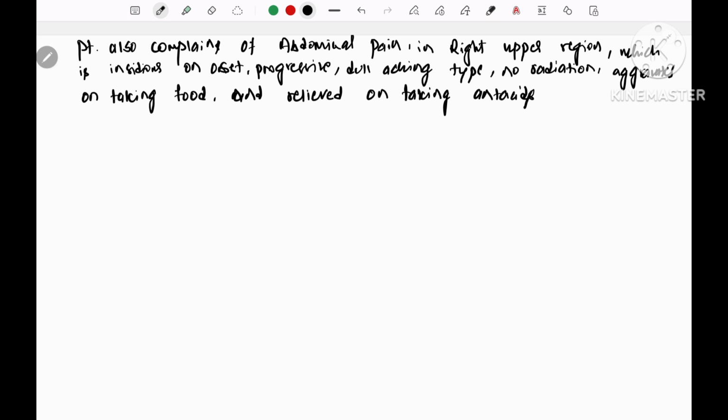Actually, antacids is a medical term, so I think we should avoid this term and just write "relief on taking medication." We have to ask the name of the medication. If the patient mentions pantoprazole or omeprazole, then we can mention it in brackets.